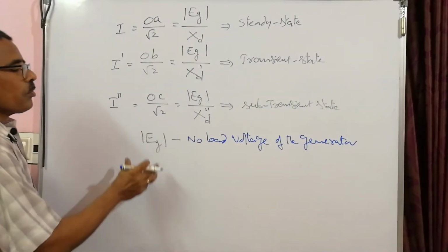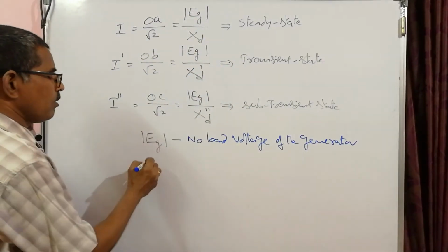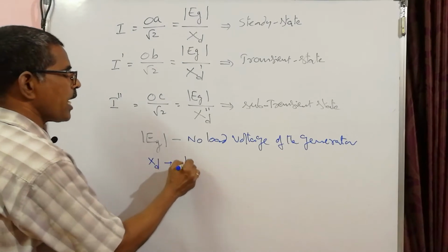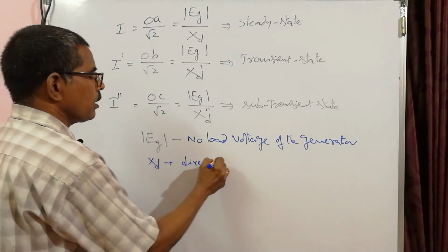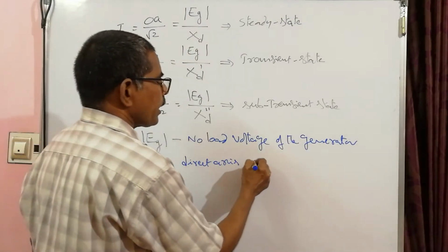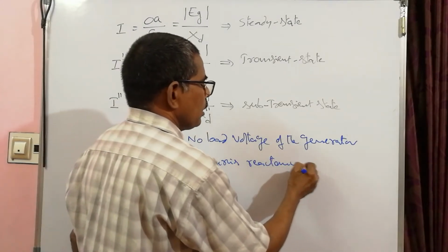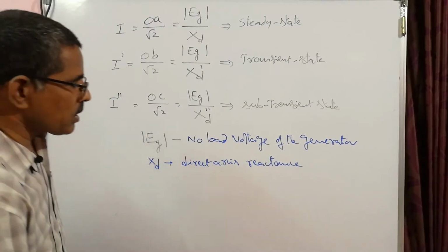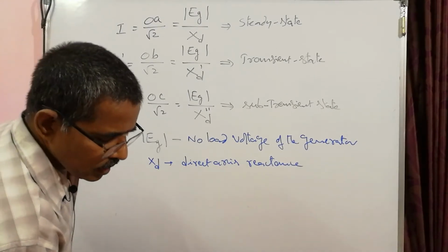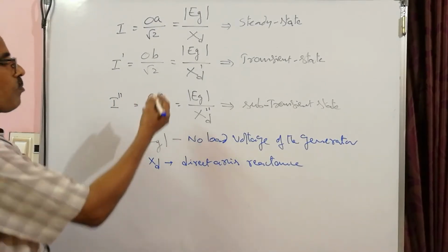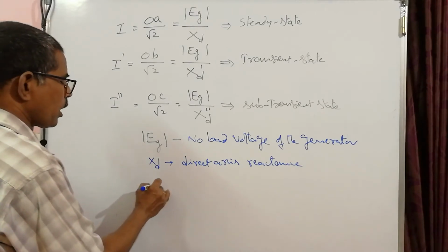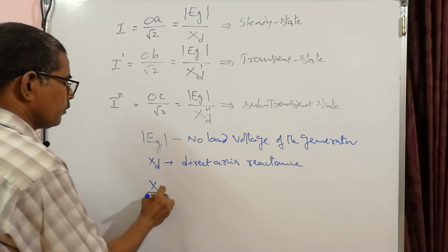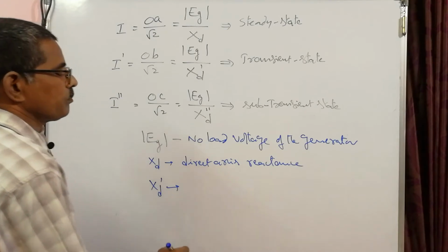Okay. So EZ by XD. What is XD? XD is the direct axis reactance offered by the alternator, direct axis reactance offered by the machine or generator. XD dash.